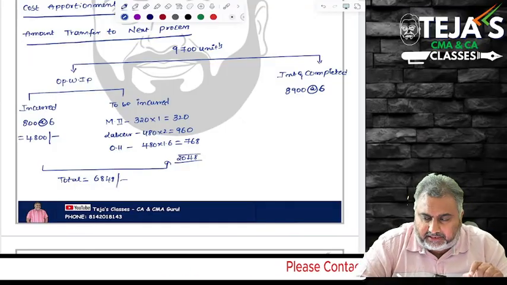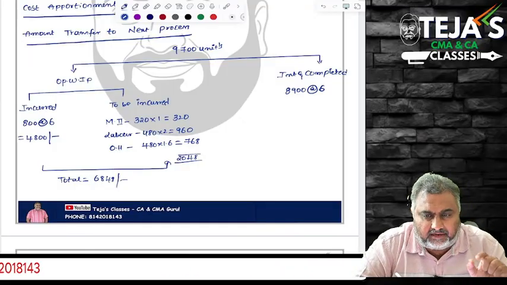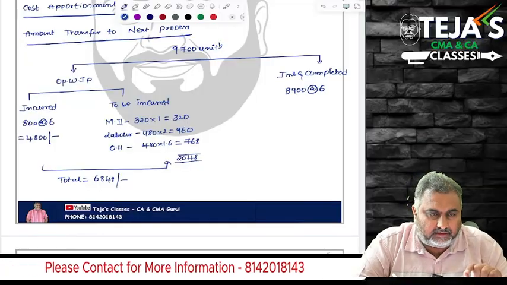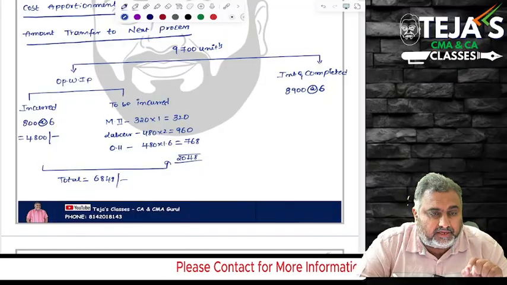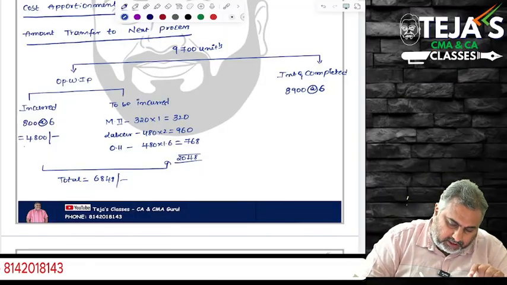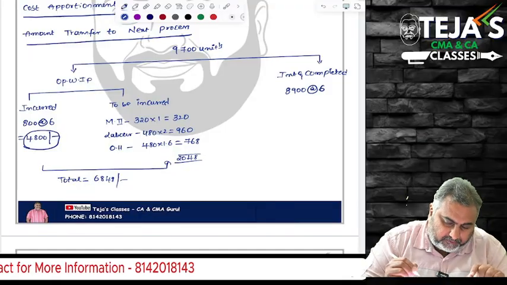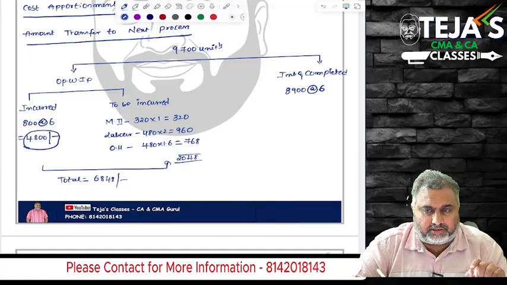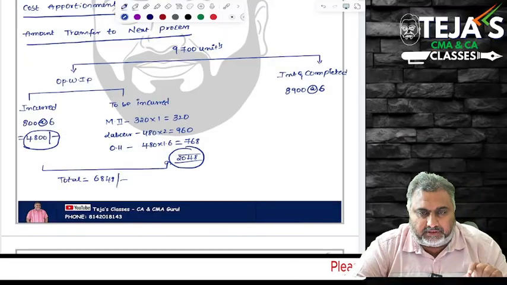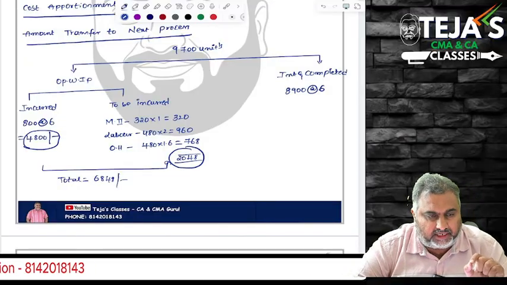Now what is this cost? To complete 800 units 100%. What is the 6,848 cost? To complete opening work in progress 100%. Whatever the degree of completion given in the question, plus the completion cost for the balance percentages we mentioned in equivalent production.